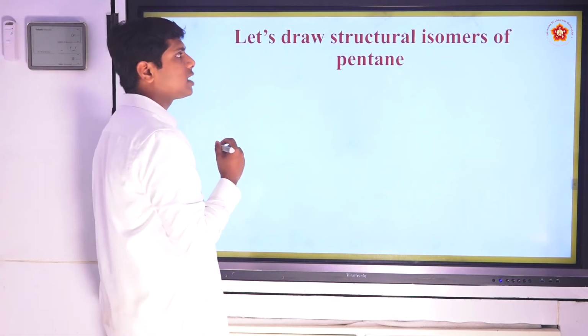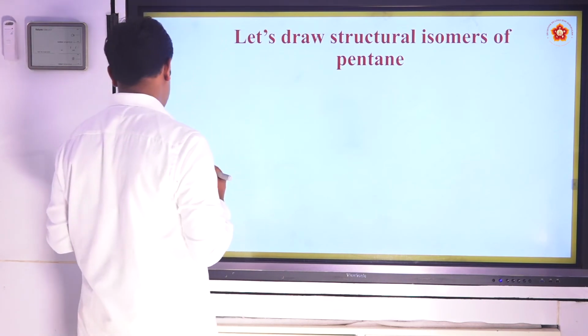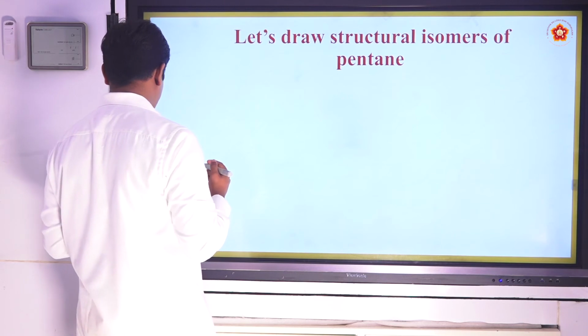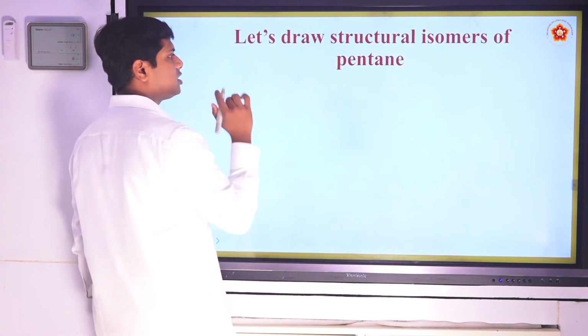Let us draw structural isomers of pentane. Pentane means the root word pent means 5 carbon atoms. Let us draw first the straight chain.